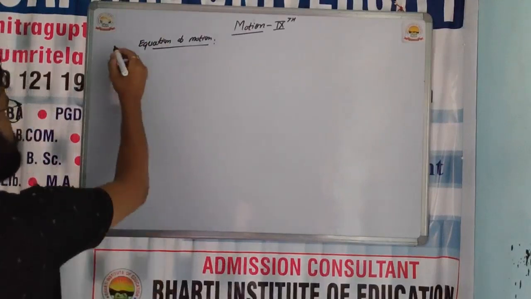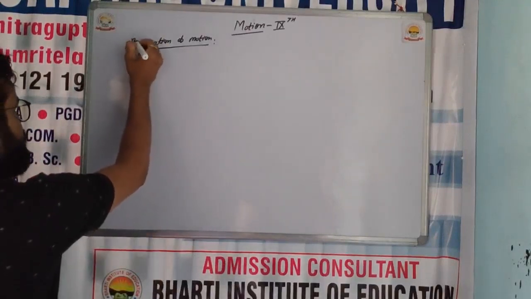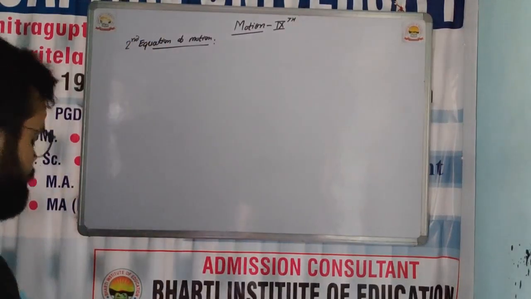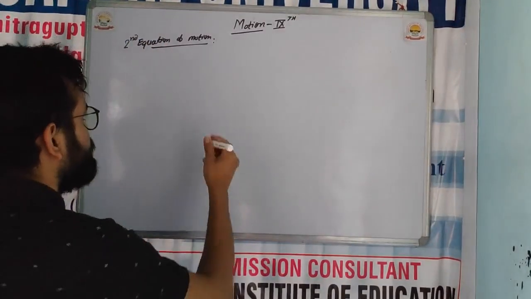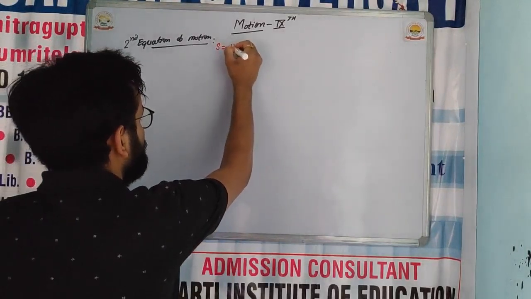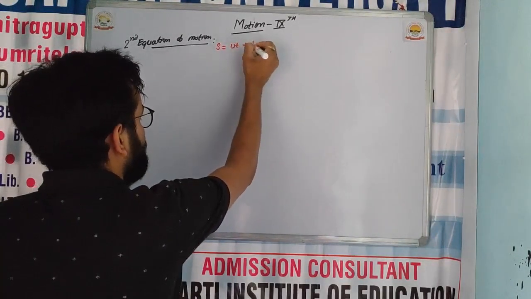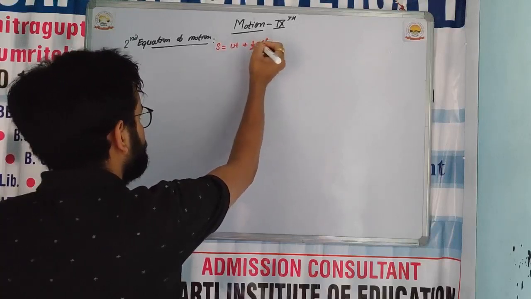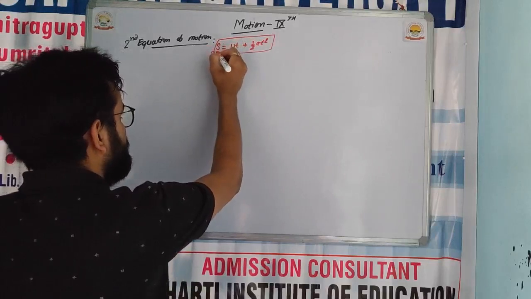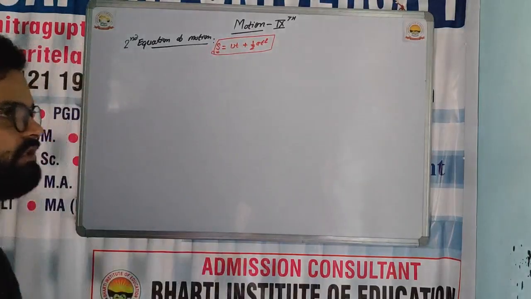Now let's move on to the second equation of motion. We know that the second equation of motion is s equal to ut plus half at square. Here s is the distance or displacement.